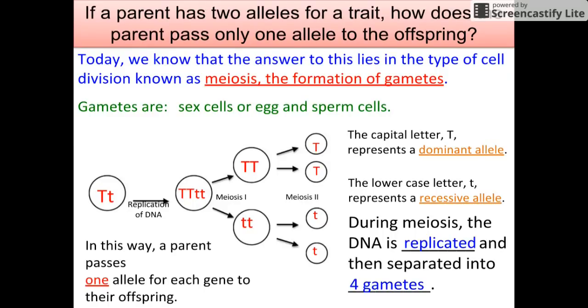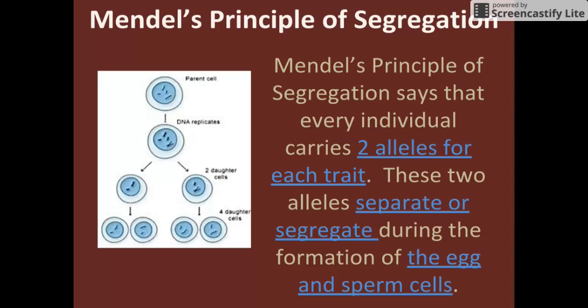In this way, a parent passes one allele for each gene to their offspring. Mendel's principle of segregation says that every individual carries 2 alleles for each trait. These 2 alleles separate, or segregate, during the formation of the egg and sperm cells.